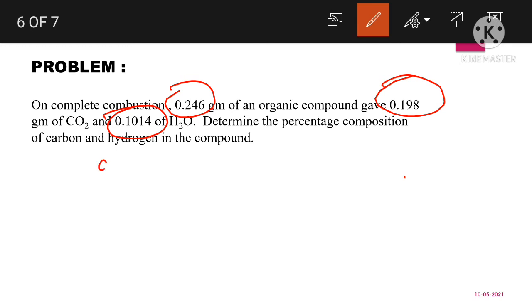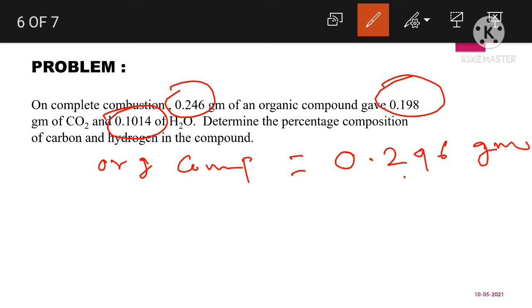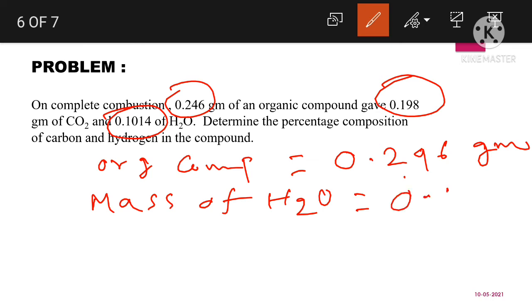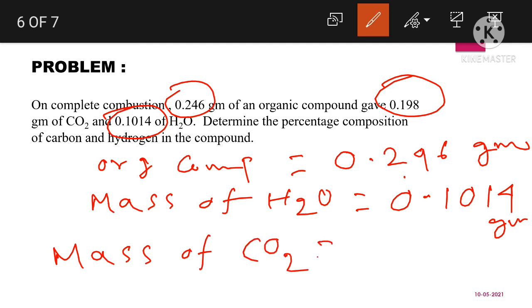The organic compound has the mass 0.246 gram. Mass of water equals 0.1014 gram. Mass of carbon dioxide equals 0.198 gram.